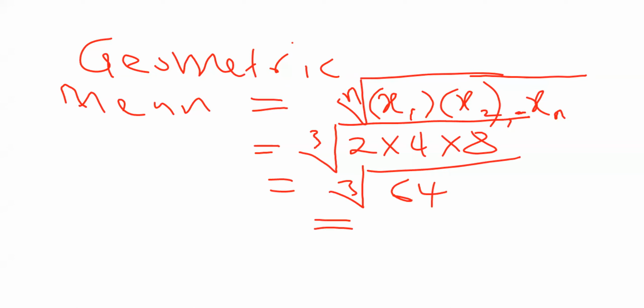The cube root of 64 should be 4, that is 4 times 4 times 4. And that is the answer to that question. Is it clear? Yes. So that's how to find the geometric mean, and that is the result to that question.